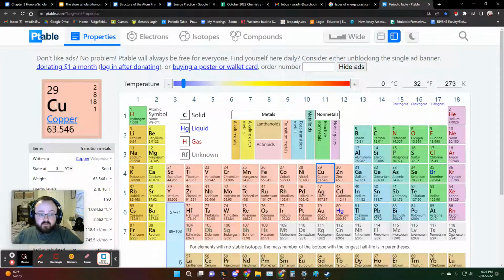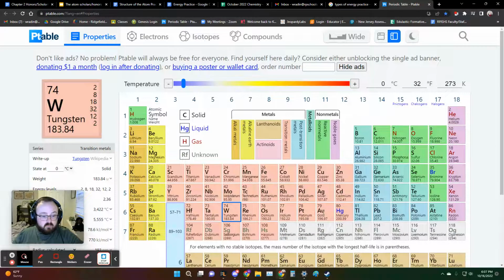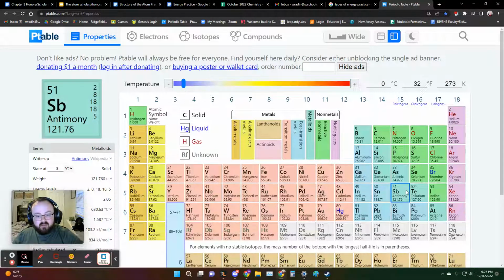And be aware, there's a few of these elements where the symbol does not match the name. Sodium, potassium, tungsten, gold, silver, even copper. There's no U in copper. Mercury, tin, antimony. And I think that's all of them off the top of my head.